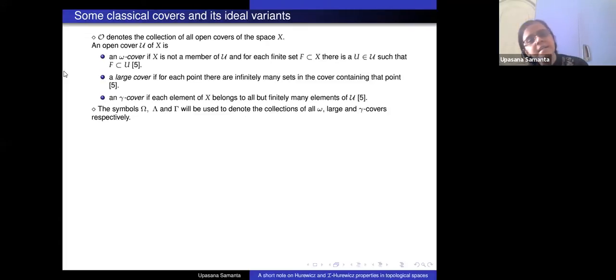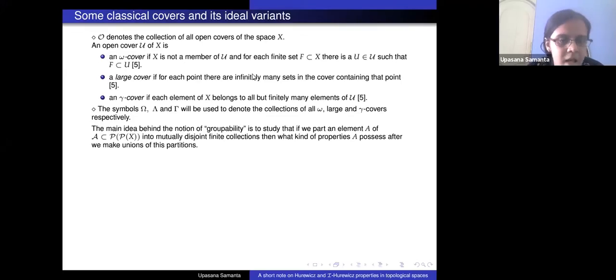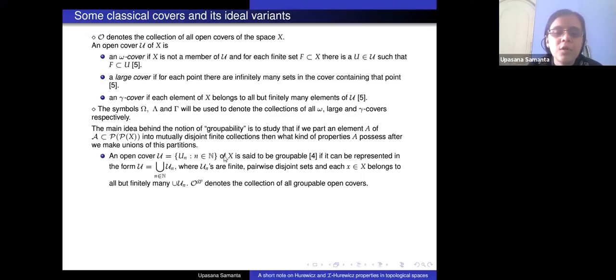The classical selection principles are mainly applied to different classes of covers. An open cover U of X is said to be an omega cover or a large cover or a gamma cover if these conditions hold. There is another type of open cover which is called a groupable cover.